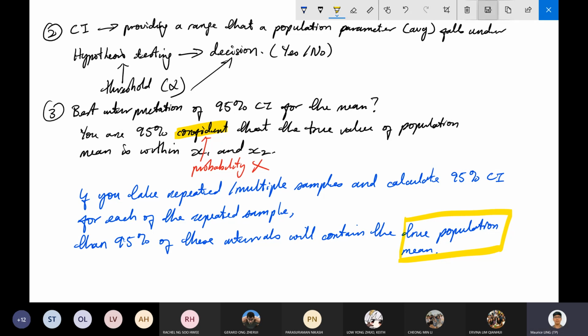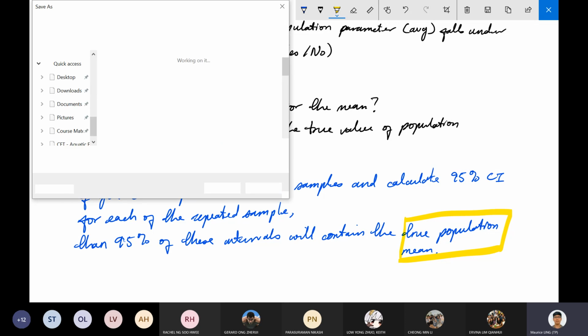So how do I draw it out graphically for you to see?